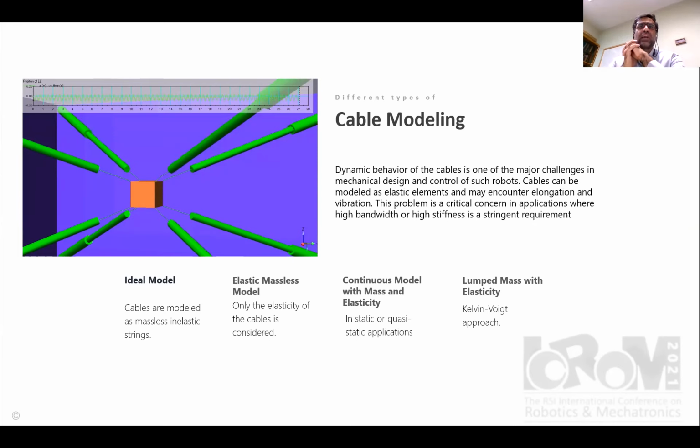And in a static application, a continuous model with mass and elasticity is considered. And furthermore, the Kelvin-Voigt approach has been used in modeling of the cables. In this model, the cable is modeled with lump mass with elasticity.